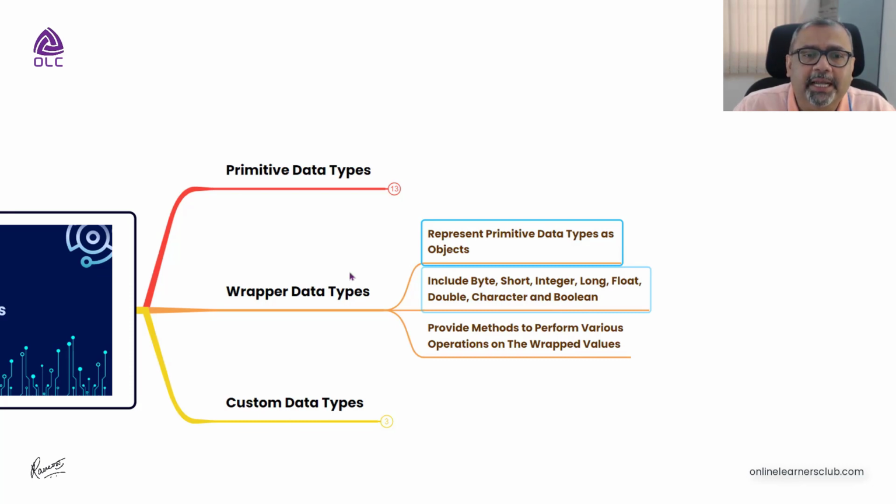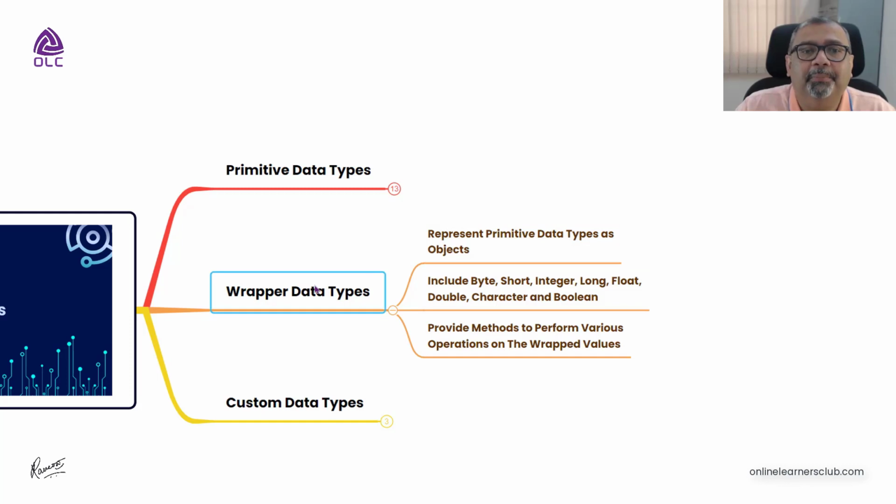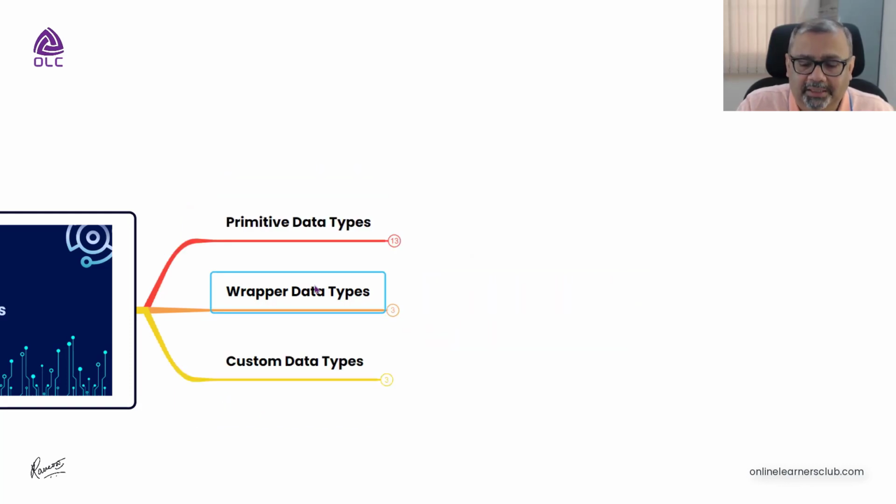And there are various wrapper data types, including Byte, Short, Integer, Long, Float, Double, Character, and Boolean. So this might be giving you a hint that it is the same as a primitive data type. So for every primitive data type in Java, there is a wrapper class available for object-oriented programming and representing some functions or methods within that particular data.